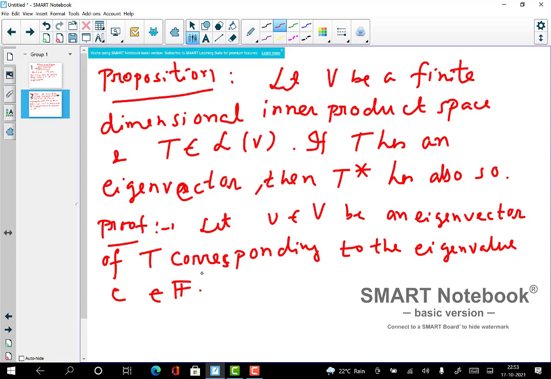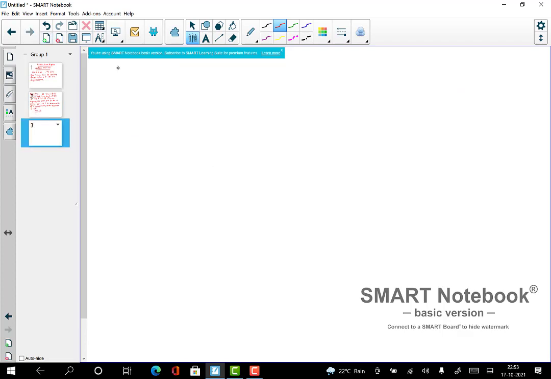The field can be complex or real, it doesn't matter. What does that mean? That means T of v equals c of v.